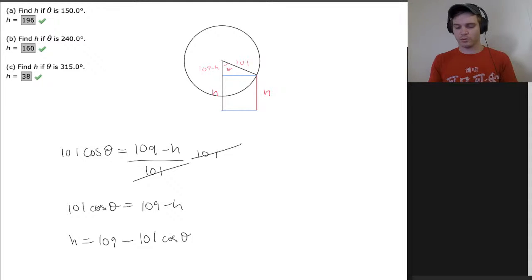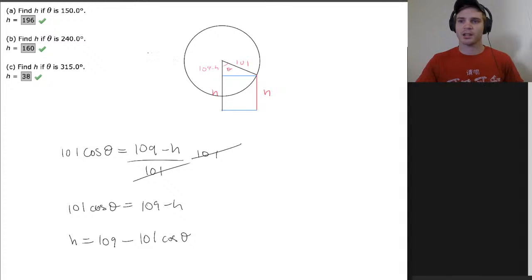Okay, so let's see if we get this. 109 minus 101 cosine of 150. So that one worked. 40, that one worked, and 318, that one worked. Okay, so it looks like we got a good formula here.